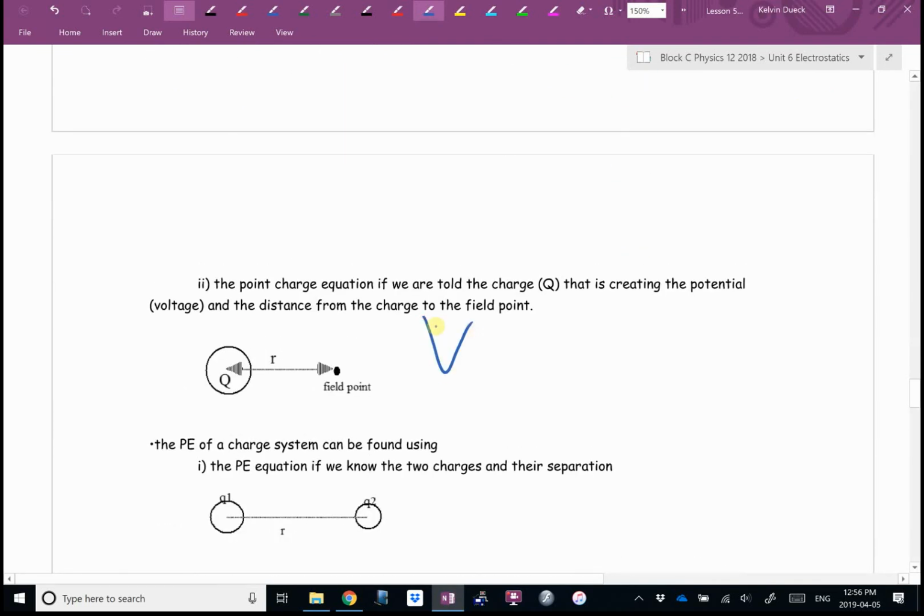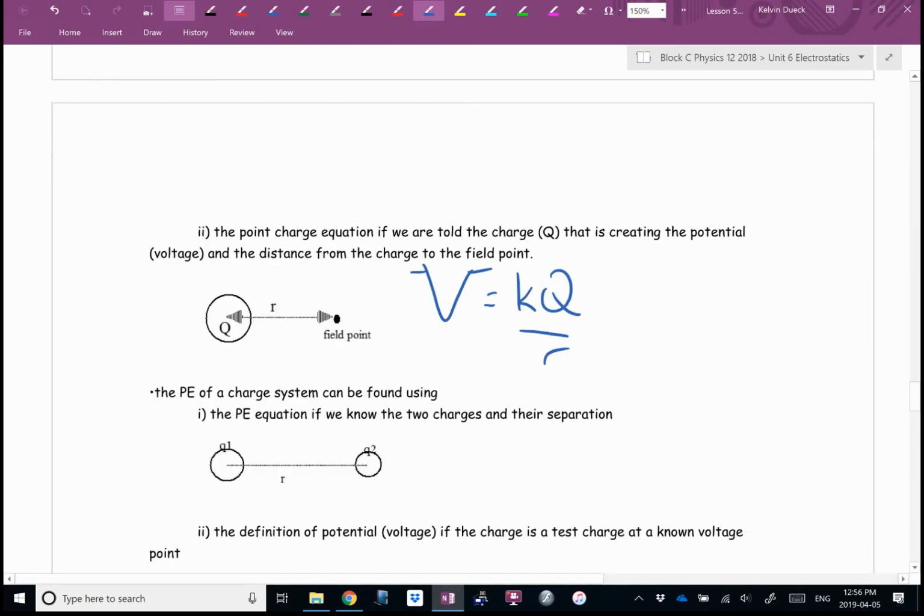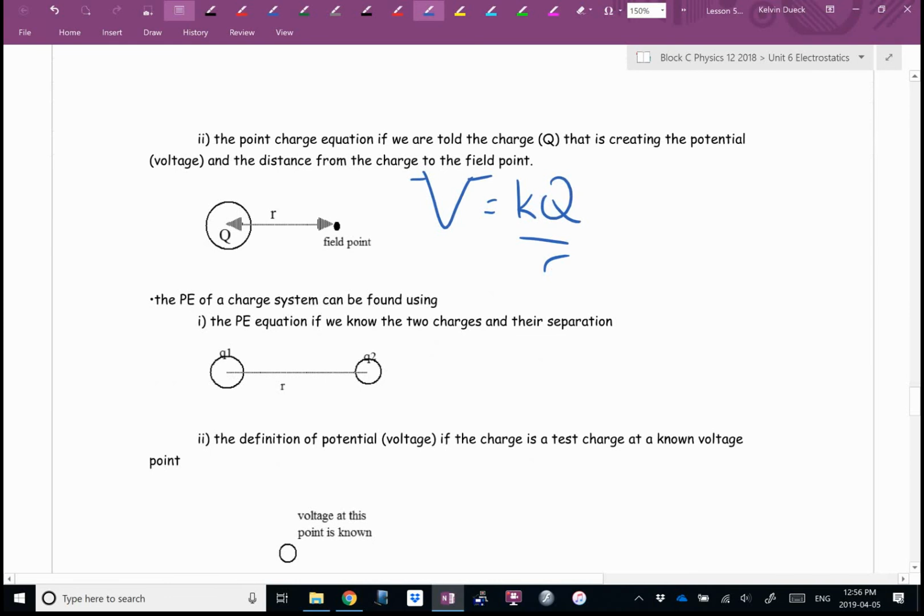We can find voltage using the point charge equation, where you have a planetary charge that's creating the voltage, and it varies depending on how far away you are. We can find the potential energy of a system if we know both charges and their separation distance. We can go K, Q1, Q2 over R, or K, big Q, little q over R. I can find the amount of energy that's stored that way.